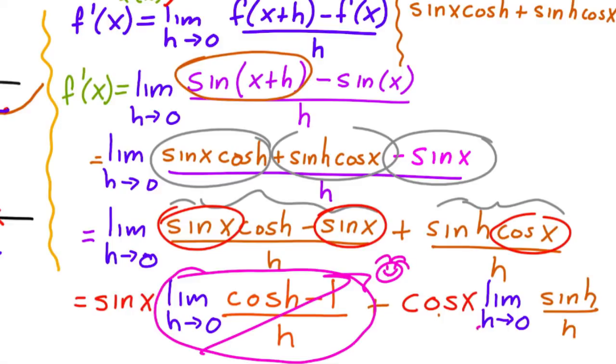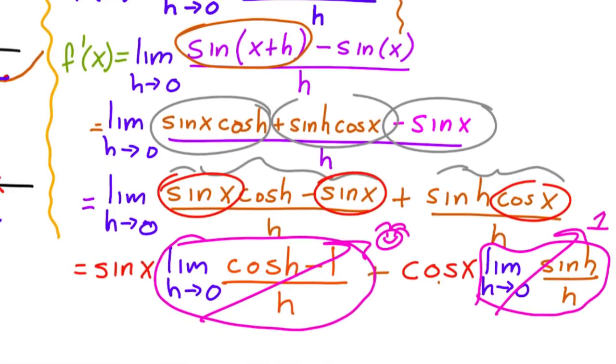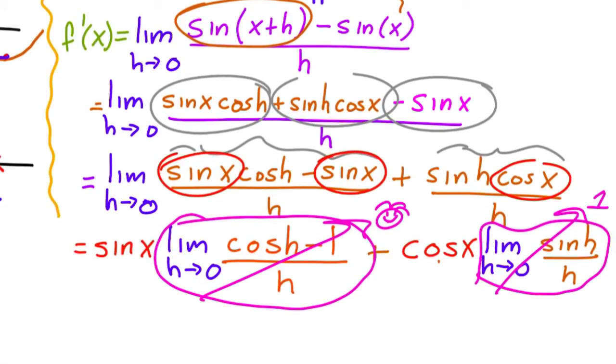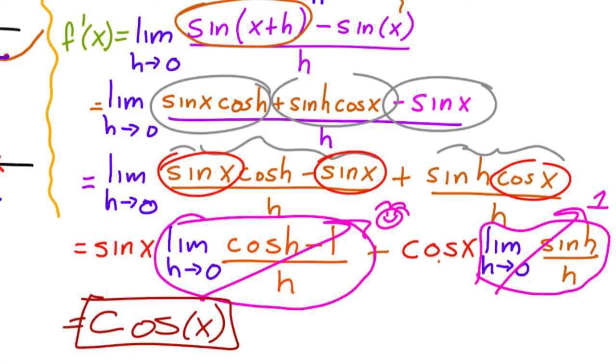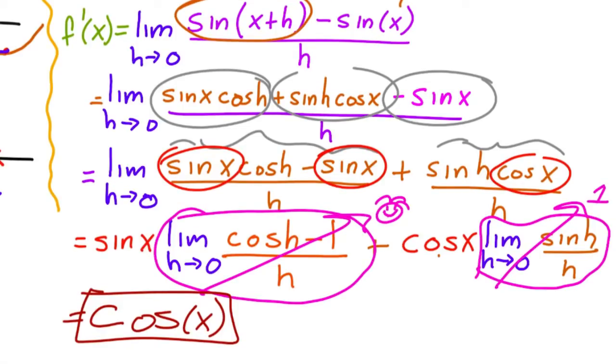And then this guy right here, well, that's equal to 1. So what's the only thing that's left over? Well, the only thing that's left over is cosine of x. So that's it. We proved the derivative of sine. And you guys can do the other trig functions, and it follows similarly.